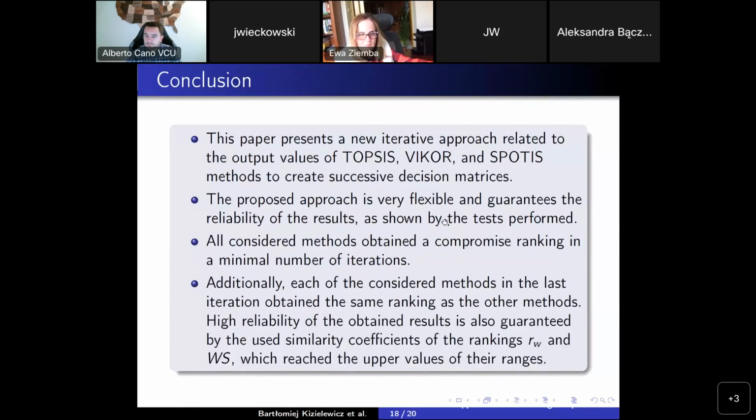So it's not time demanding, and I think it's worth testing this approach in the multi-criteria field. And the WS similarity coefficient shows that the results at the beginning are highly similar, and at the end of the iterations they are strictly the same.